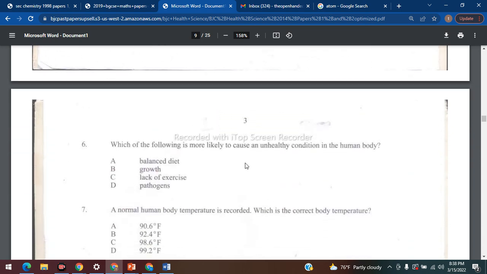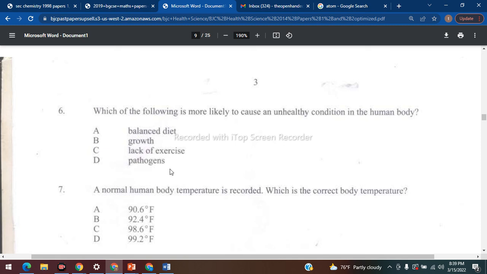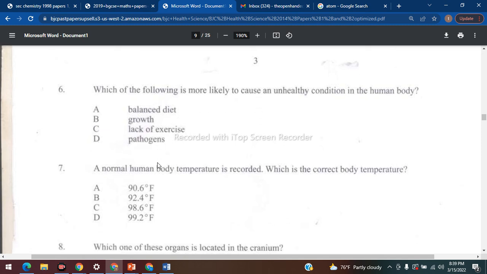Which is more likely to cause an unhealthy condition in the human body? Is it a balanced diet, growth, lack of exercise, or pathogens? Pathogens. What are pathogens? Pathogens are that which cause disease.